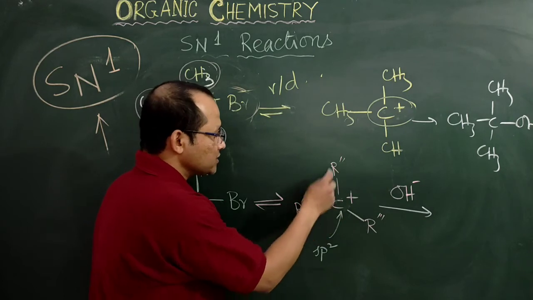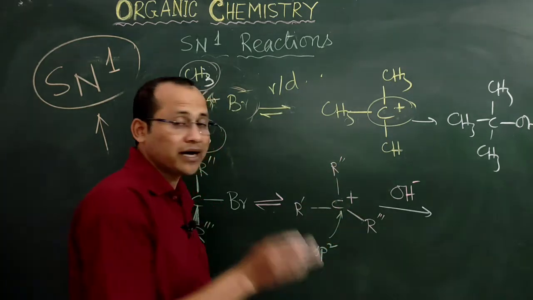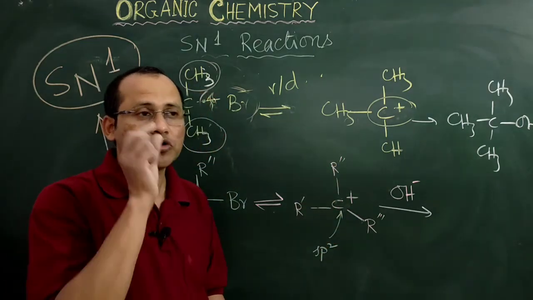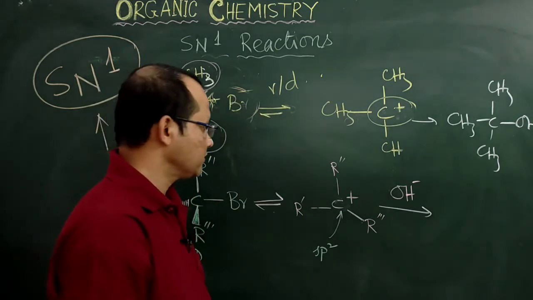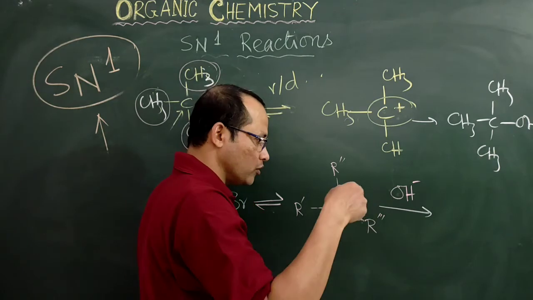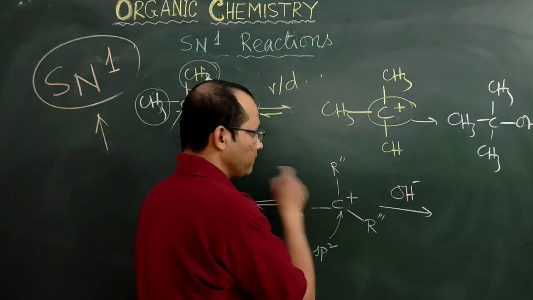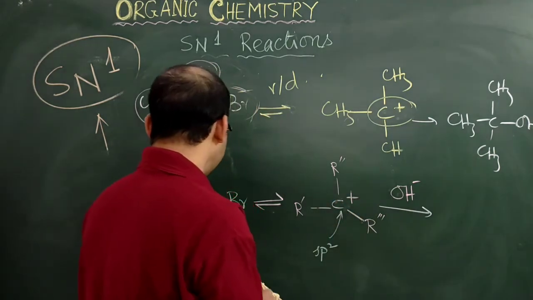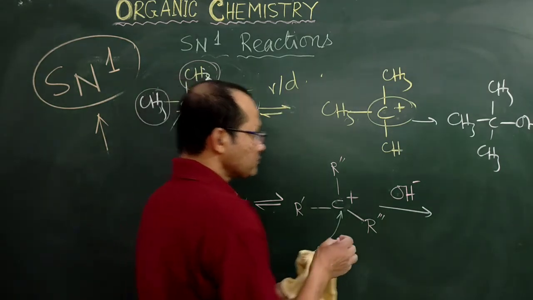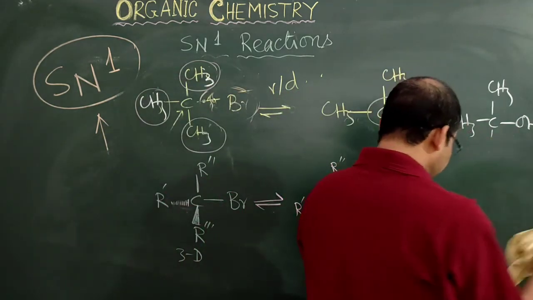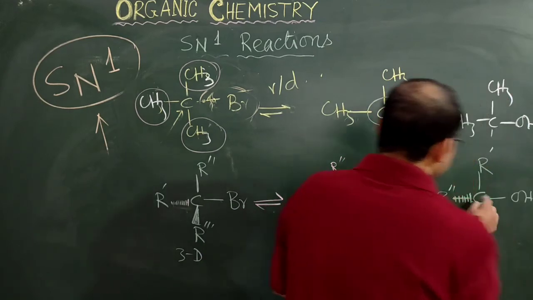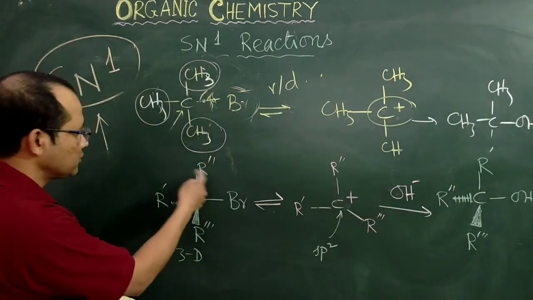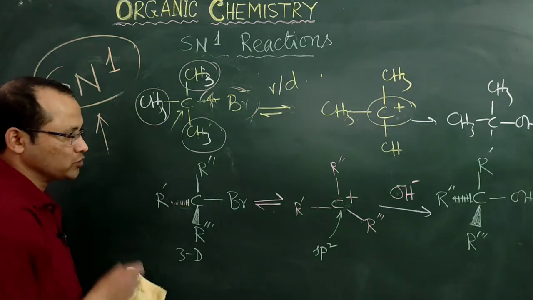Since these are different in nature, two types of substances may be obtained. So if OH goes from this direction, then one type of product will be obtained. Let us consider this to be the product. So it will be a similar type of product to this one.